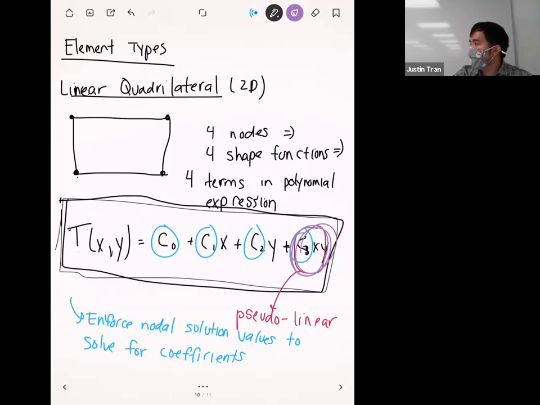You can still get a pretty reasonable solution with linear quadrilaterals for structural mechanics. And you'll see that same principle applies for 3D as well. So for the hexes, you still get some variation, and that's why I've been saying up to this point that if you can mesh with either hexahedrons or quadrilaterals, you generally end up with a little bit higher quality solution if you use linear elements. And so, if you can swing it, then quadrilaterals and hexes are preferred, mostly because they have these pseudo-linear terms. But again, it's not a necessity.